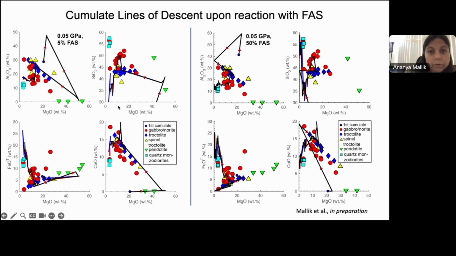As you can see overall, the 50% ferroanorthositic crust actually makes the match between these cumulate lines of descent and the existing secondary crustal lithologies even poorer, whereas the match is tolerable for the 5% crustal assimilation, which tells us that the amount of ferroanorthositic crustal assimilation that may have taken place during Mg suite petrogenesis was actually very little.